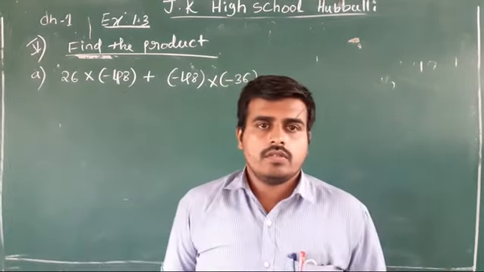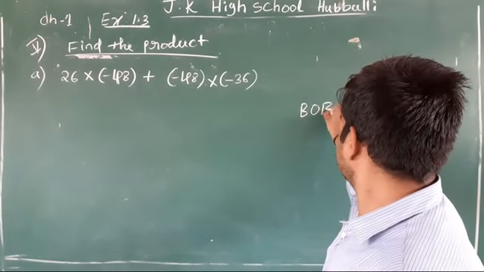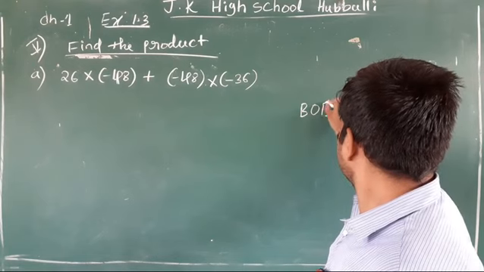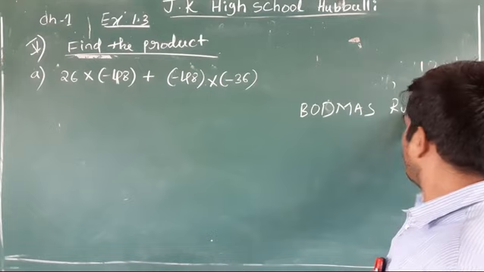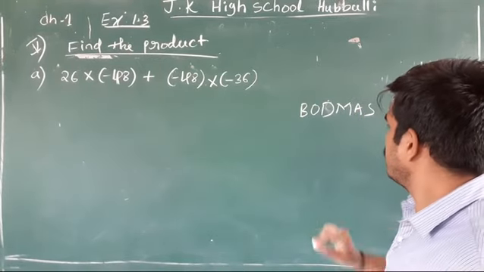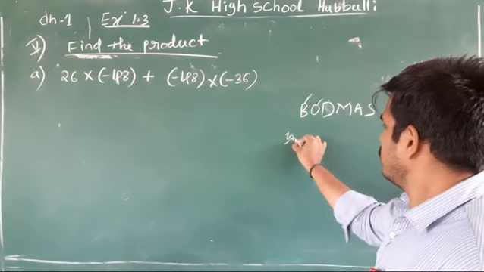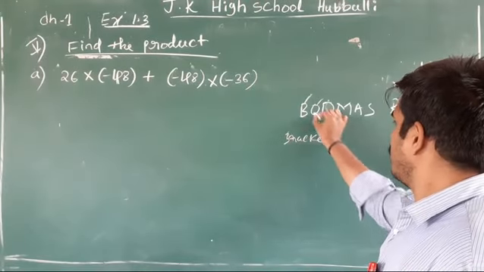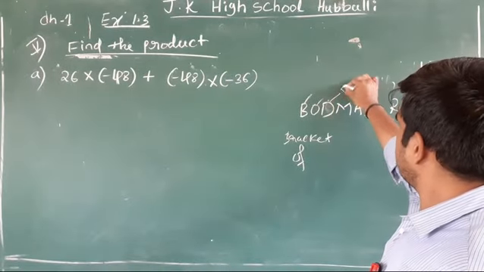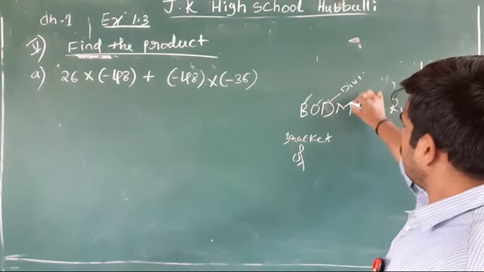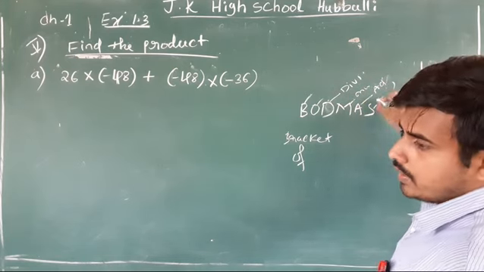There is one rule, the BODMAS rule. What this BODMAS rule says: B means bracket, O means of, D means division, M means multiplication, A means addition, S means subtraction.